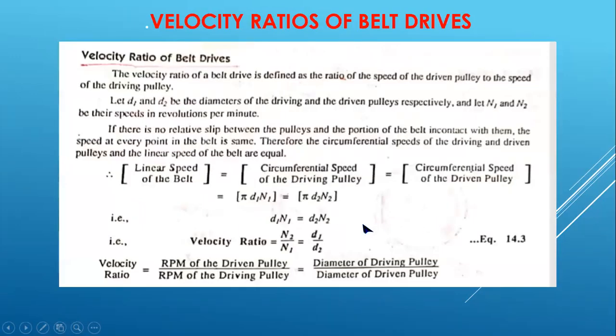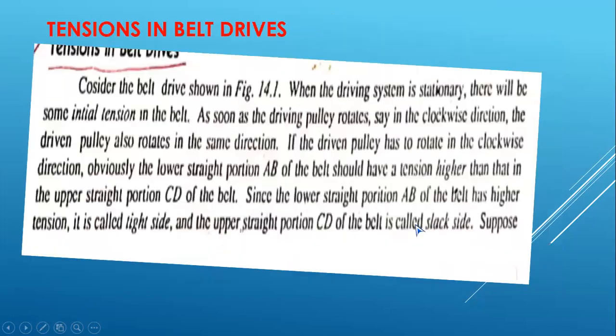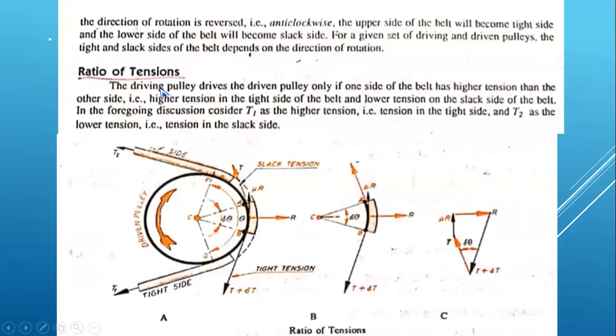Next, come to the point of velocity ratio. The velocity ratio can be defined as the ratio of the speed of the driven pulley to the driver pulley, or the ratio of the diameter of the driver pulley to the driven pulley. This is called velocity ratio. Next, ratio of tension.